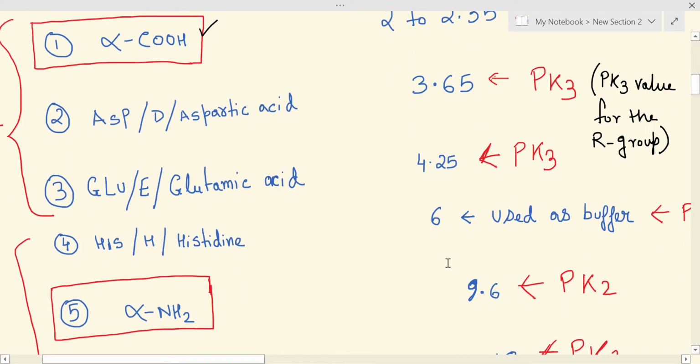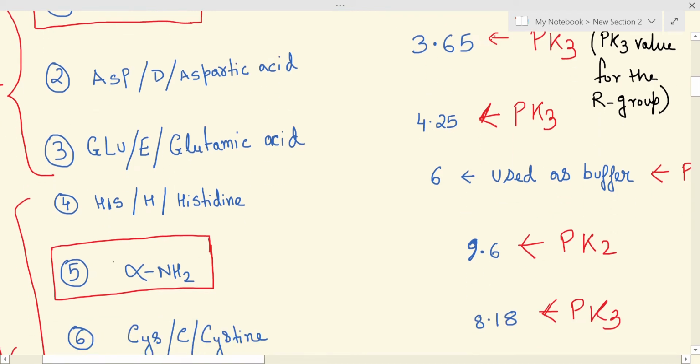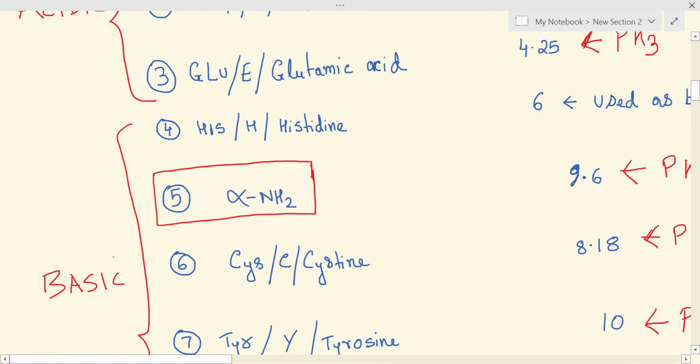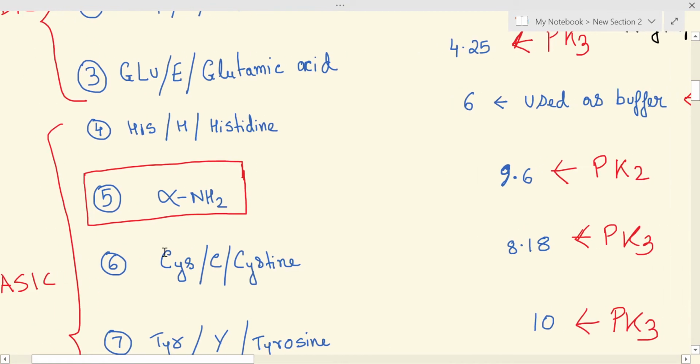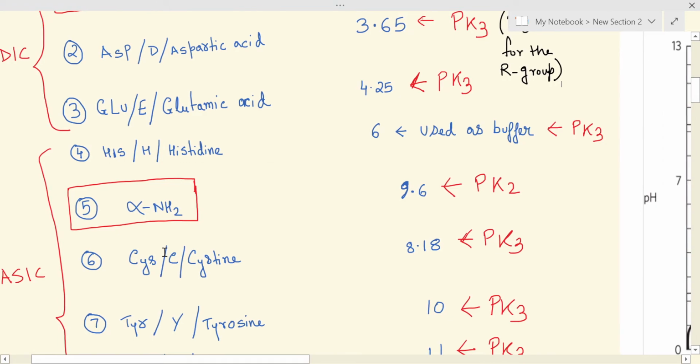The pKa value for aspartic acid is 3.65, which is the pK3. Glutamic acid has a pK3 value of 4.25. Now from histidine onwards, we will have the basic amino acids and their pKa values.